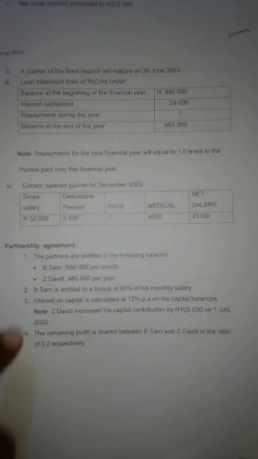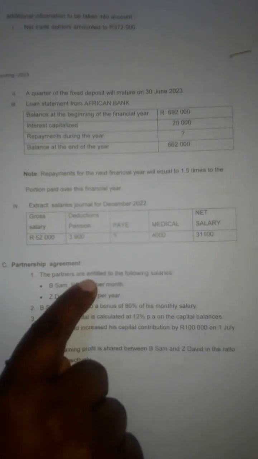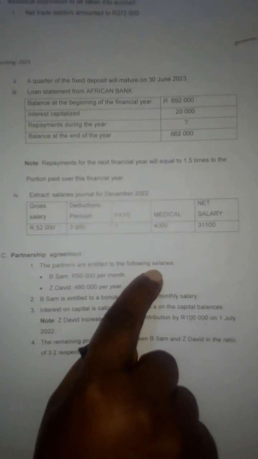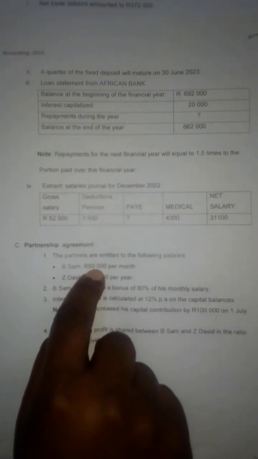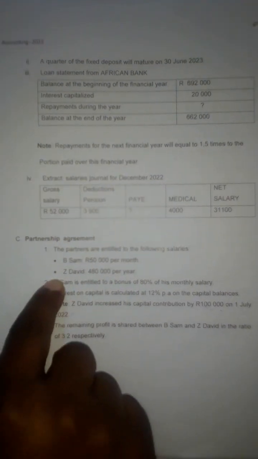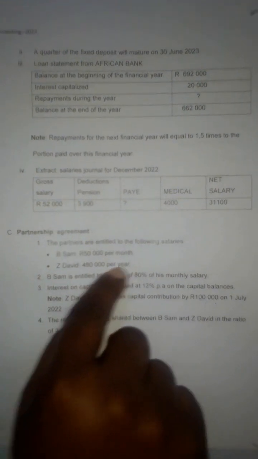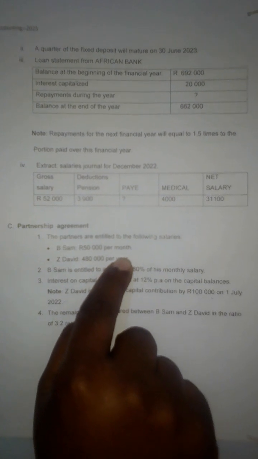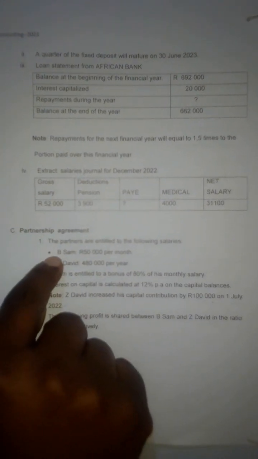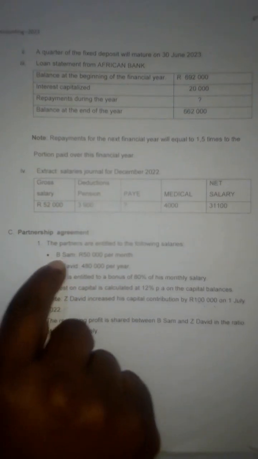Okay, let's go to the partnership agreement. Number one, the partners are entitled to the following salaries. Okay, B Sam is 50,000 rand per month. Z David is 480,000 per year, and this 480,000 is already indicated on the answer book. So what we are supposed to calculate is the salary for B Sam.